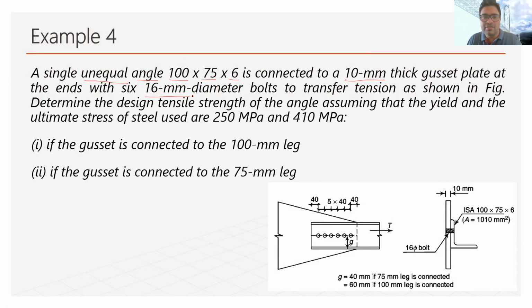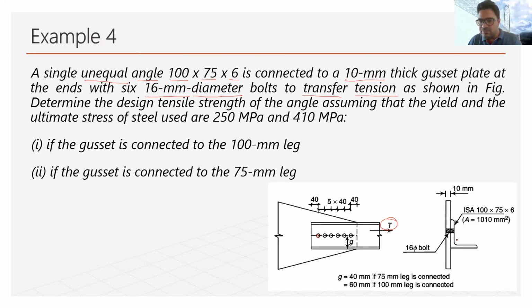So it is connected with six 16 mm diameter bolts to transfer the tension force as shown in the figure. So this is the tension force which is to be transferred by this angle section, and it is being connected with these six bolts.